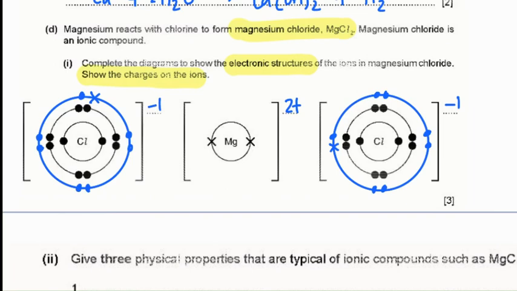So because magnesium started in period 3, it's going to end up with a noble gas configuration of neon, which is in period 2, 1 before it, so it only needs 2 shells. What we'll do then is say it's got a full outer shell of all of the electrons that originally belonged to itself, and you can see that it's given these 2 electrons away here to the chloride ions.